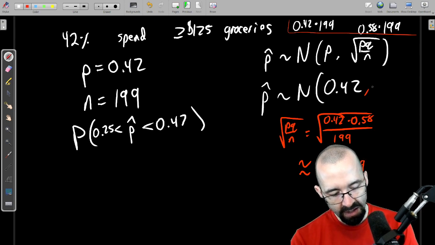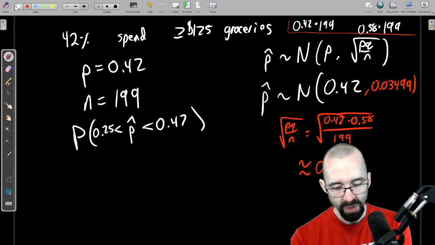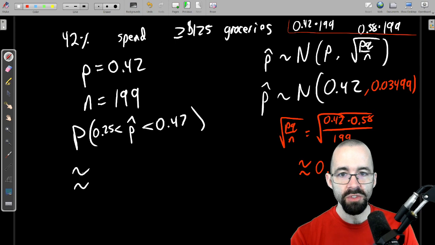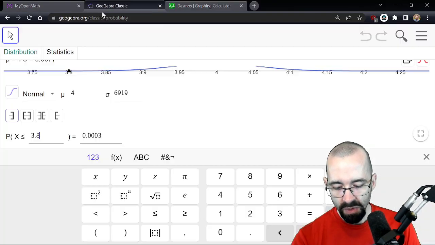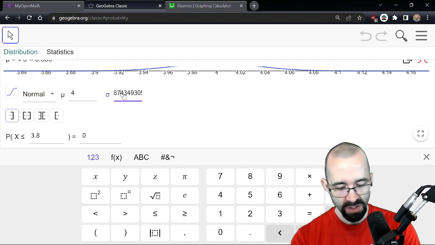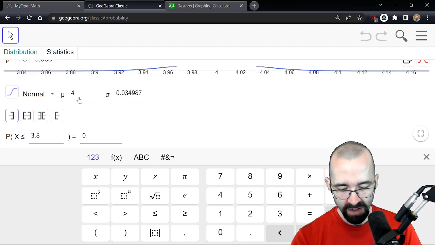We'll copy and paste that into GeoGebra so we can find this probability. It's a normal distribution. We know the mean. We know the standard deviation. That's the standard deviation. Let's make sure it copied correctly. Yep, there it is.